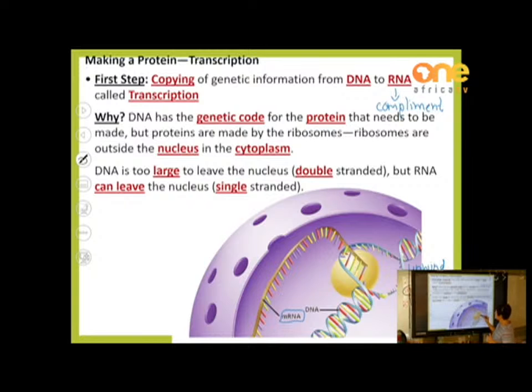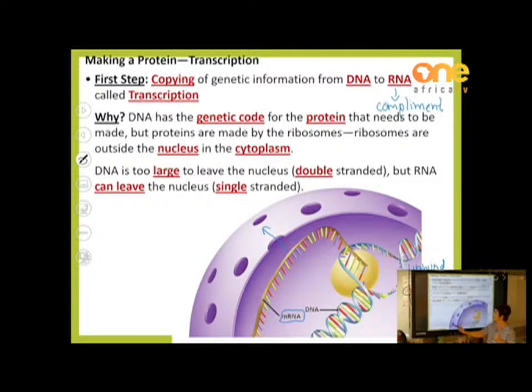Again, it is not an exact copy, but it will form the complement of the message. Because the single strand of RNA can leave the nucleus through the nuclear pores.